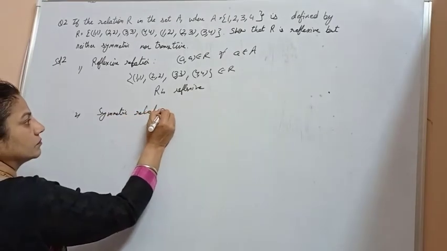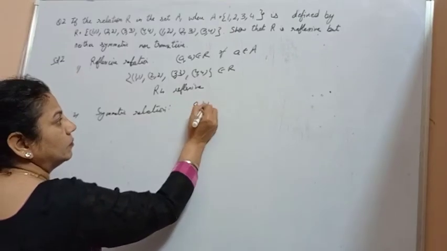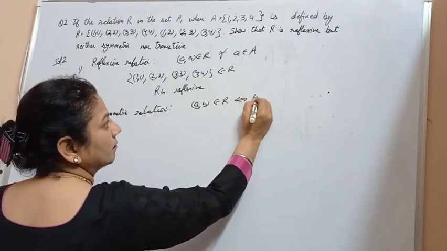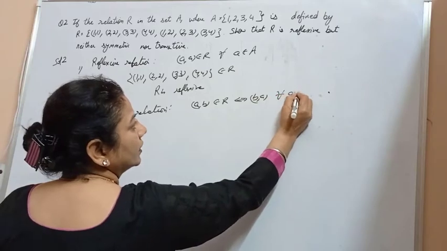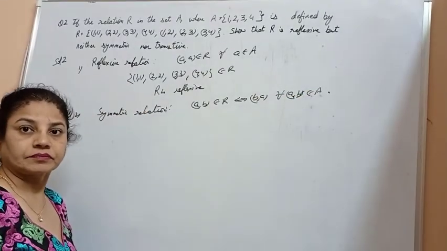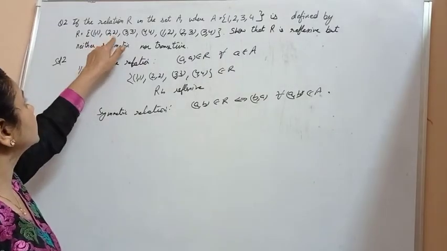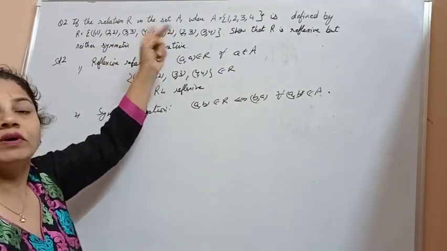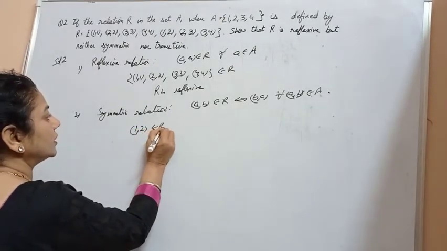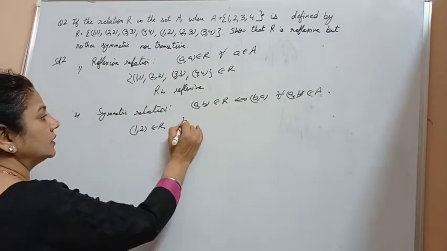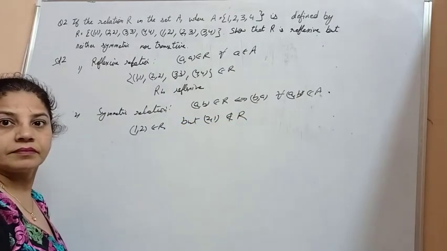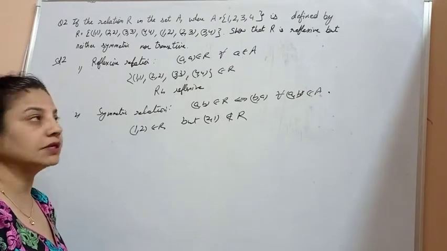For a symmetric relation, (a,b) belongs to R implies (b,a) belongs to R for all a, b belonging to set A. That means if 1,2 is there, then 2,1 should be there. Now we observe that 1,2 belongs to the relation R, but 2,1 does not belong to the relation.